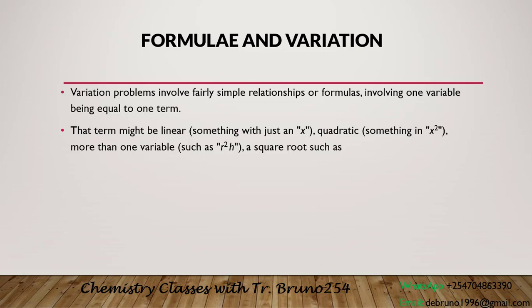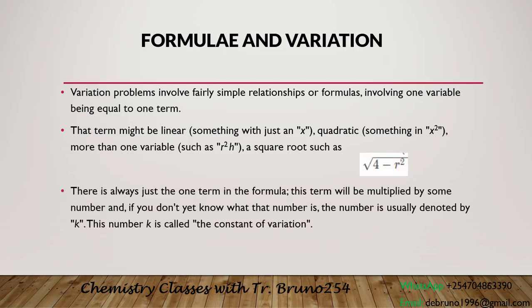one variable being equated to one term, and in that case that term can be linear, for instance x, quadratic, more than one variable as shown on the screen, or a square root as shown.